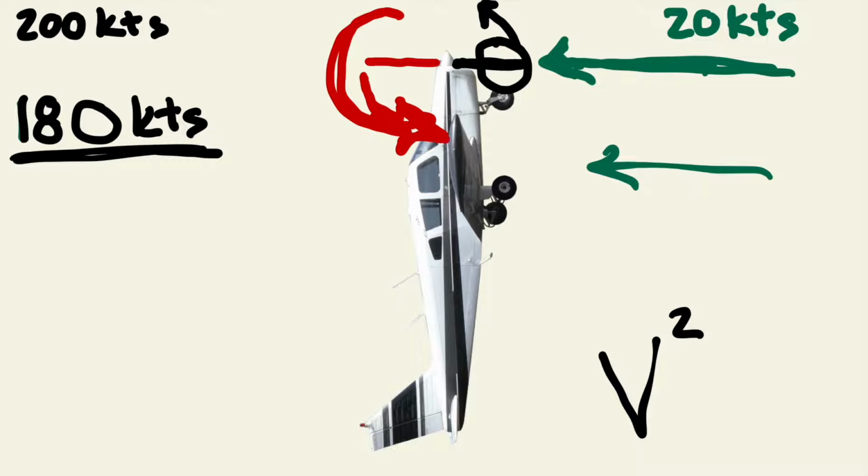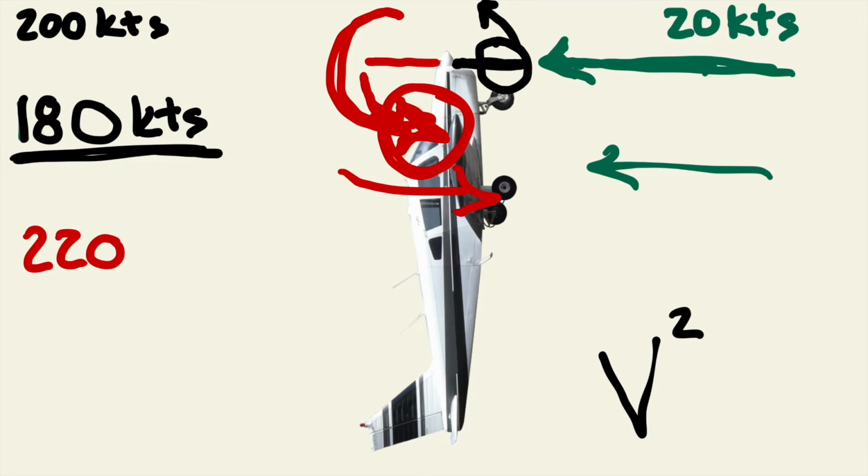So in relation to the air that is around this propeller blade as we're descending, it's going to be 220 knots. 220 knots on our descending. This will be our ascending blade.